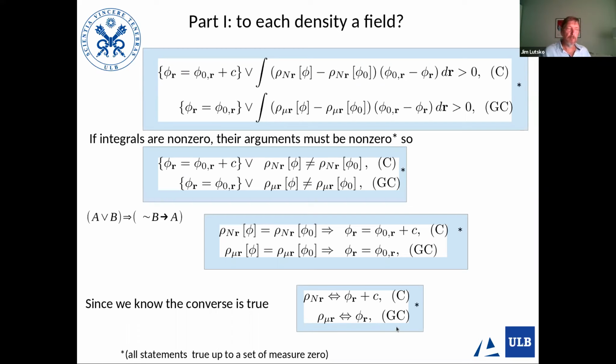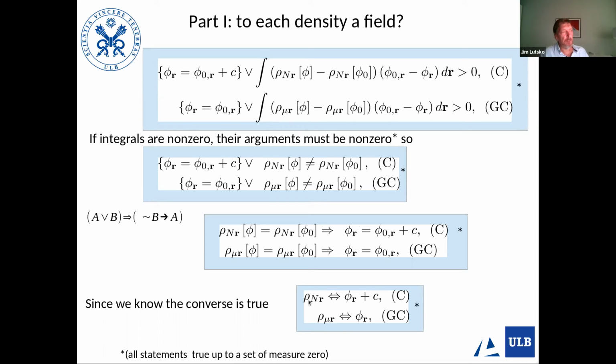There's a question, which some of you will know, of what's called the representability of densities by fields. I don't want to get into it as a technicality, but for those who are experts, it's easy to work your way around this problem. You just restrict the domain of the functions that you're looking at.